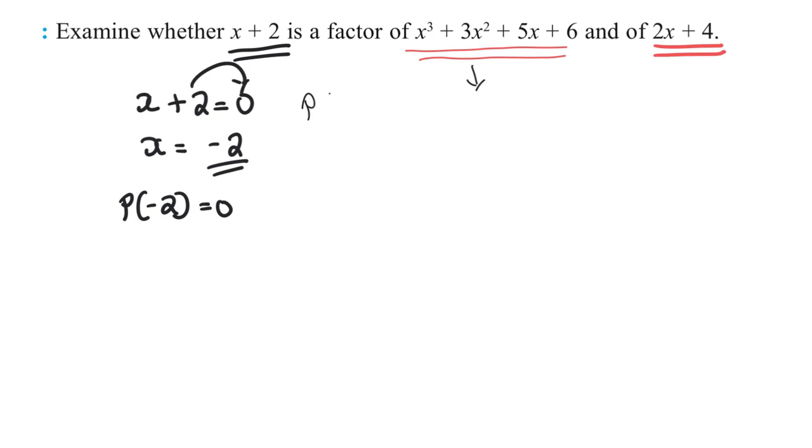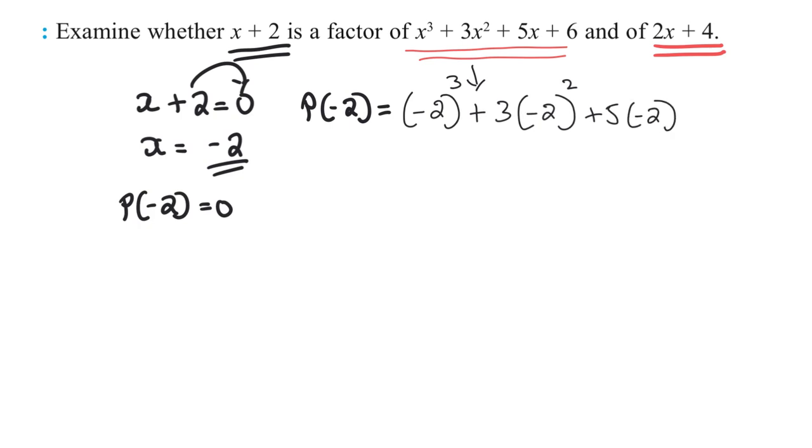Correct? So let's try for x cubed plus 3x squared plus 5x plus 6. So let us find out what is p of minus 2. Wherever I have x, I will plug in minus 2. So this is going to be x cubed, meaning minus 2 the whole cube, plus 3 times minus 2 the whole squared, plus 5 times minus 2 plus 6. Minus 2 the whole cube is how much?